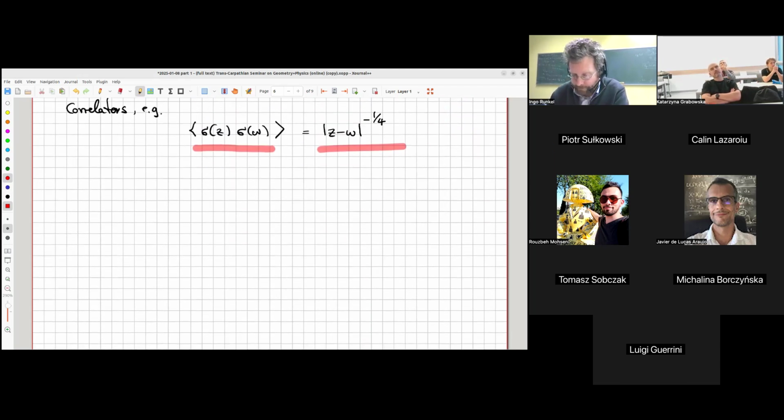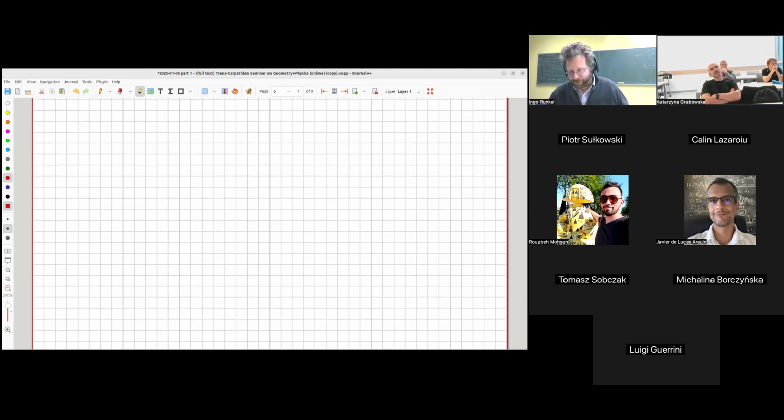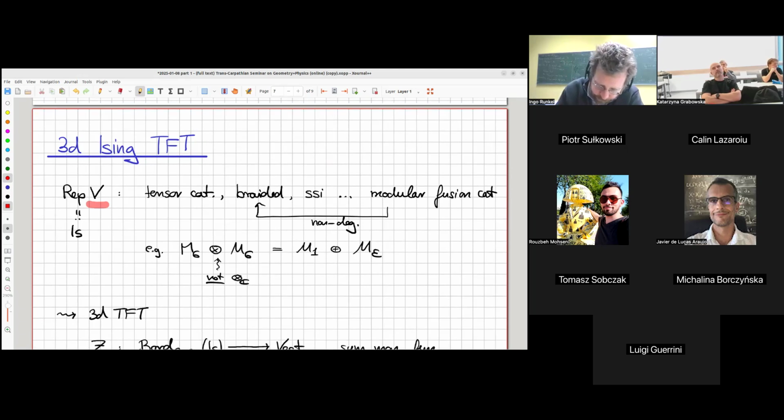Okay. So that's the CFT, but the Ising model also gives you a topological field theory. There's a 3-dimensional topological field theory you can get out of the Ising model. Again, you look at this Virasoro algebra, or technically you have a vertex operator algebra, but I will not say much about this. Its representation theory is some category. I collect all the representations together, and I call this category IS for Ising.